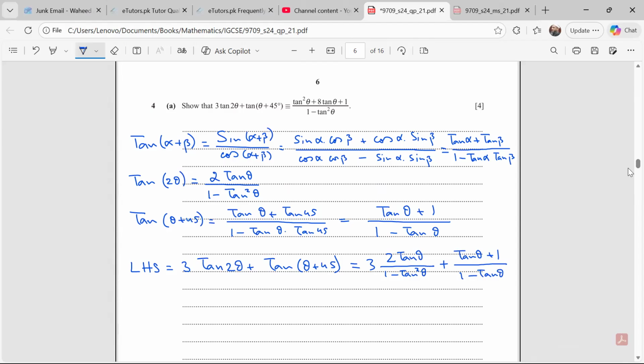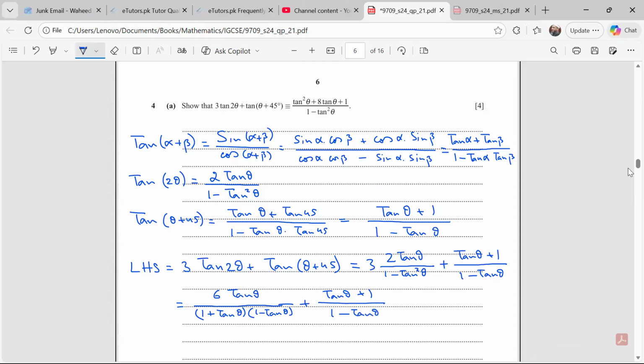Okay, so let's add them together. I have 1 plus tangent theta and 1 minus tangent theta, right? I can factorize this part. And then I have 6 tangent theta, and similarly here I have tangent theta plus 1 over 1 minus tangent theta.